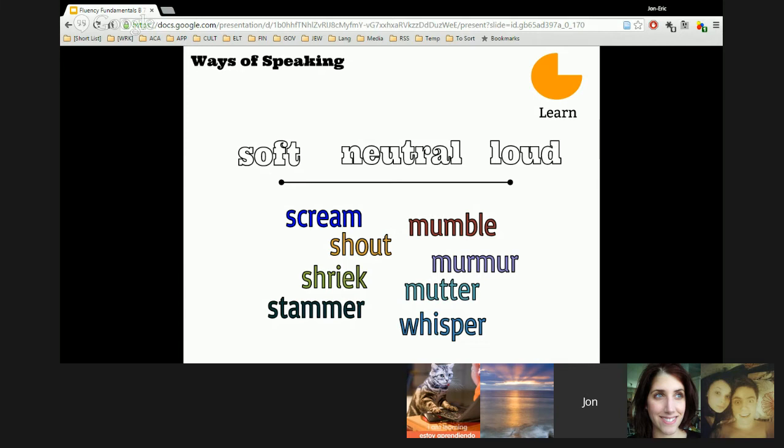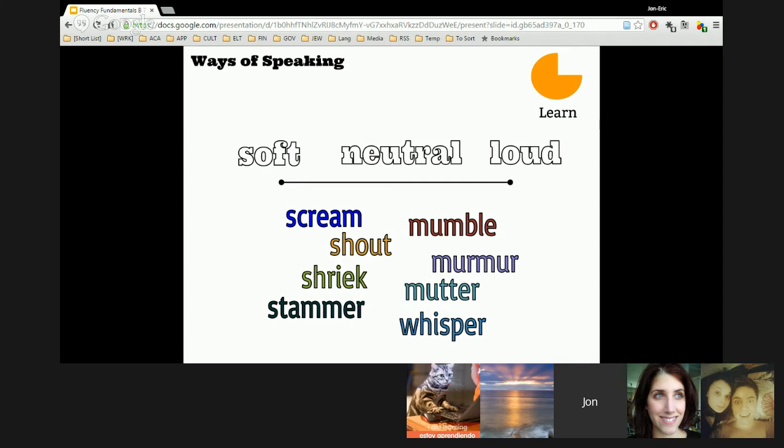Sometimes you stammer because you're really emotional and you just can't get the words out. Sometimes there's a speech problem, and it's usually fixable, although some people have it all their lives, and they can't get to the next syllable. They get stuck. So stammer could be emotional or it could be a speech impediment.